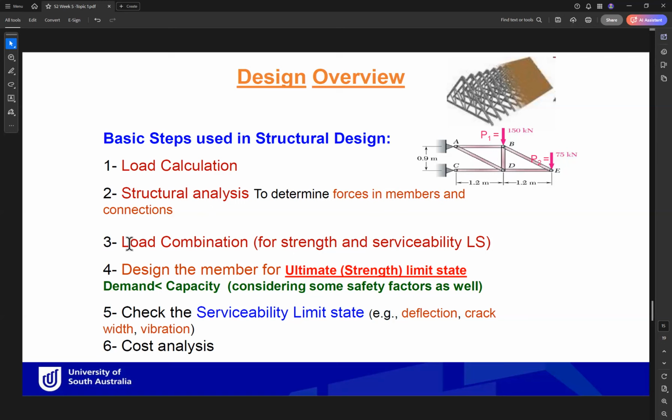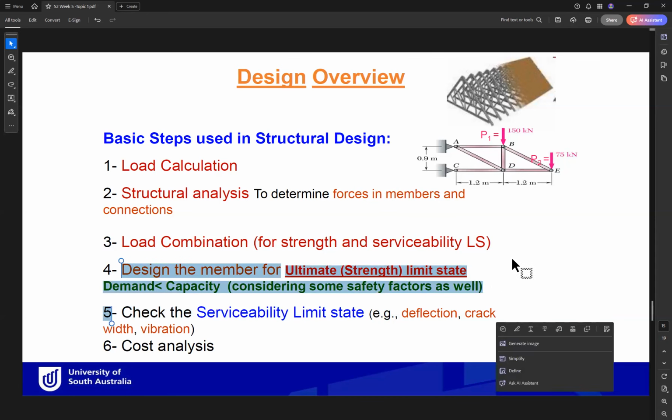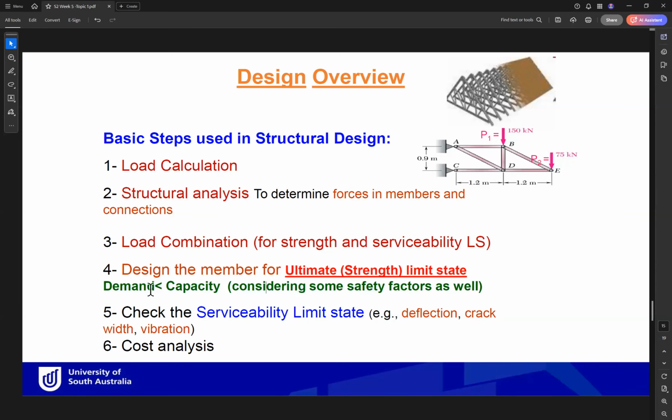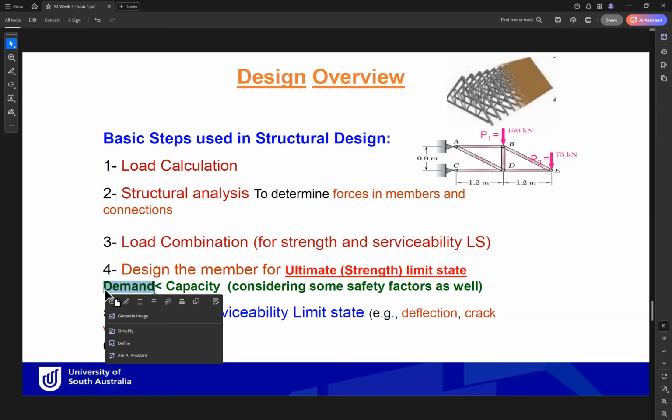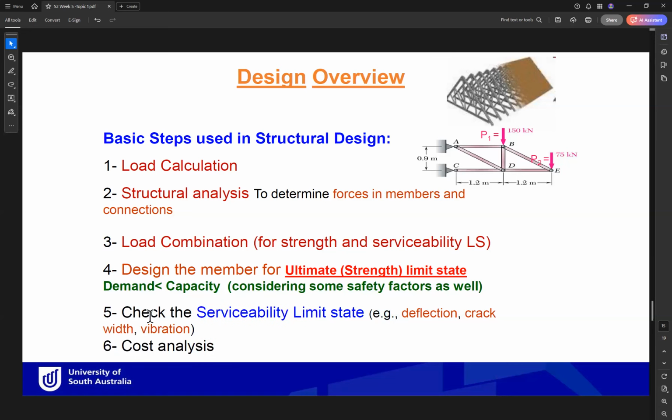After you find the forces, you need to make load combinations for the strength and serviceability limit states, similar to what we illustrated earlier. The next step after load combination is the design for the ultimate limit state. So we have S asterisk less than or equal to phi RU, the demand less than the capacity.